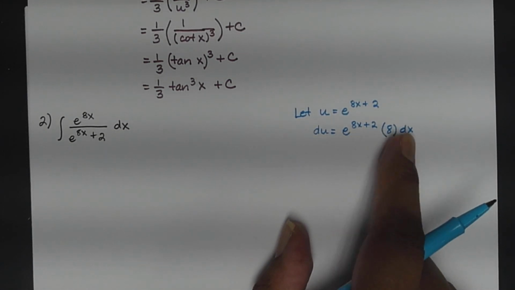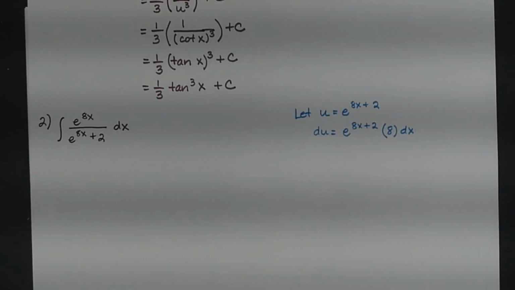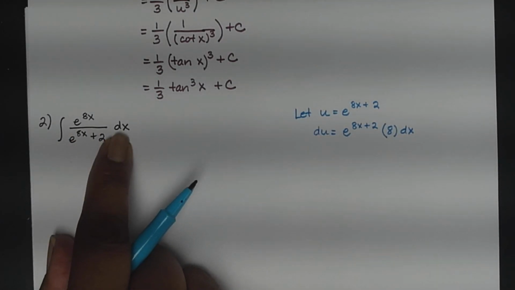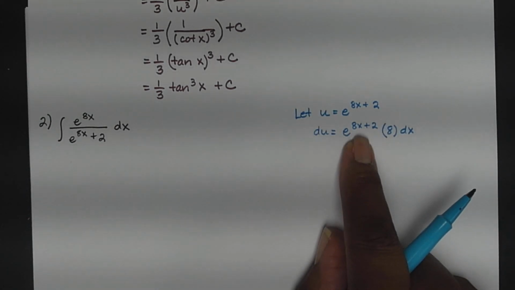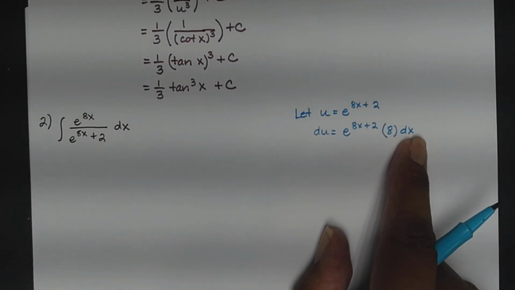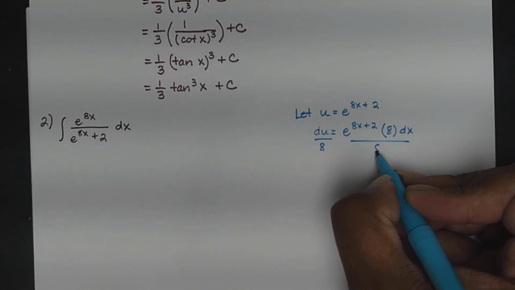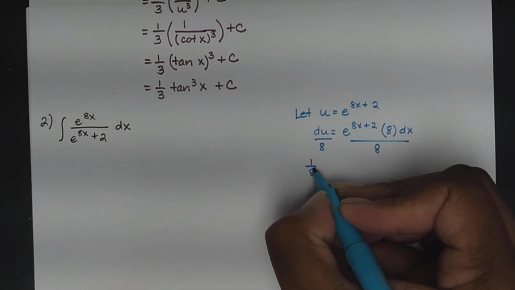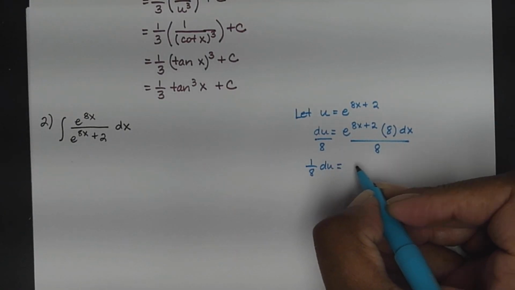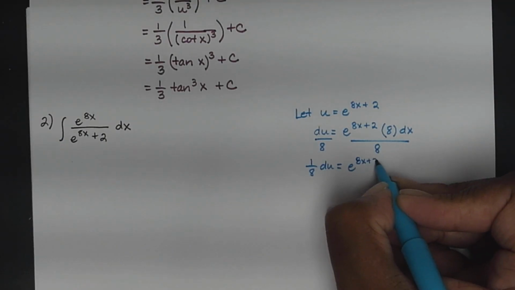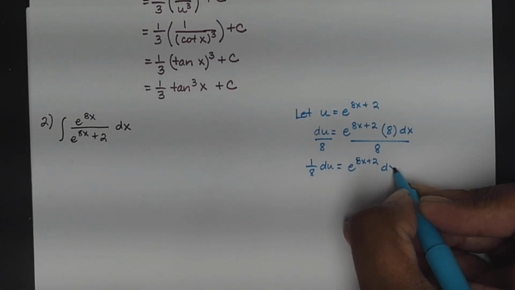Derivative of 8x plus 2 will be 8. And now we got this with the dx, but I want the e to the 8x plus 2 dx by itself. So I need to divide both sides by 8. So I know I got 1/8 du is equal to e to the 8x plus 2 dx.